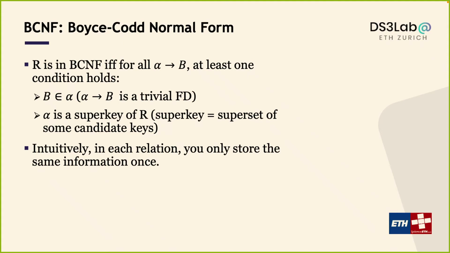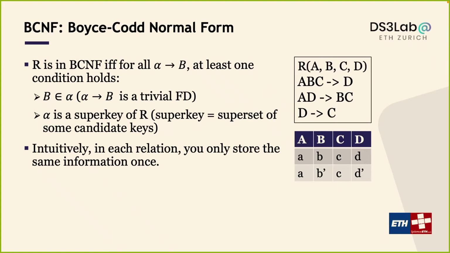It's much stronger than third normal form. The intuition behind it is to get rid of all the data redundancy caused by functional dependencies. Let's make sure that all the functional dependencies I have are somehow trivial. That is the intuition behind it.